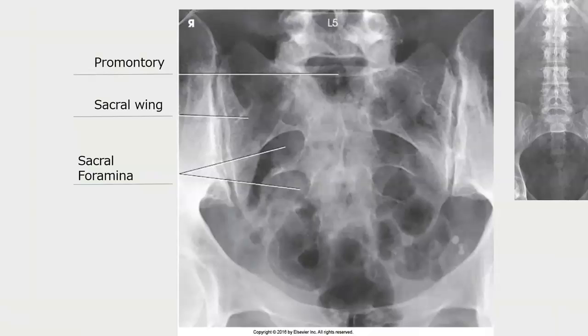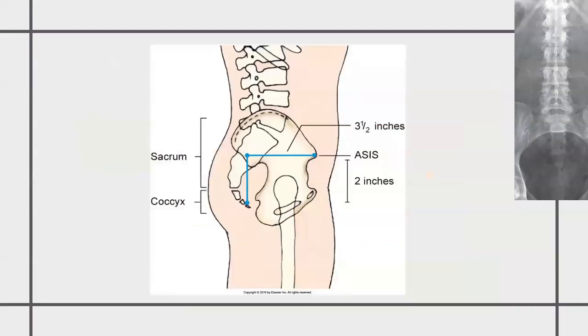So the real money shot of a broken coccyx is the lateral. We're going to go back now to this slide. The positioning of the lateral is very specific, as it is for the L5S1 joint.